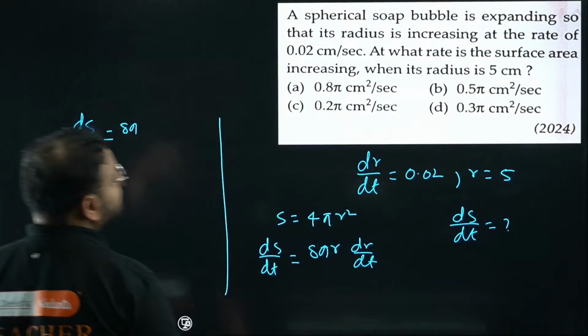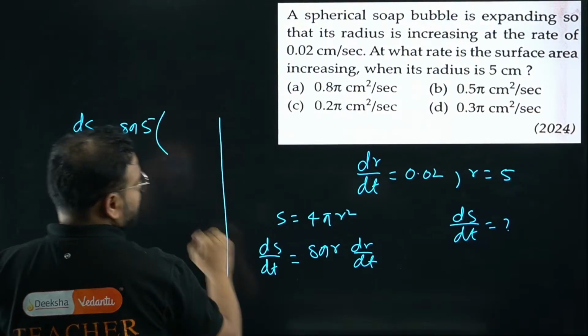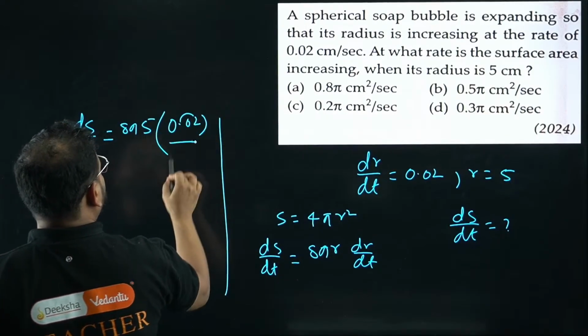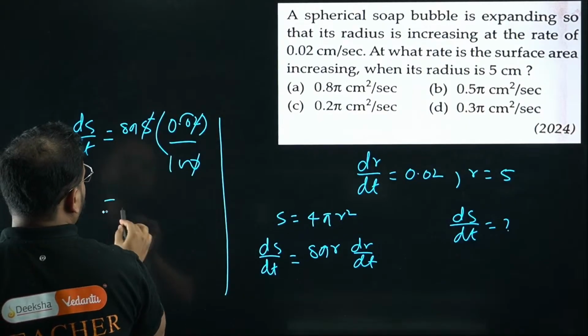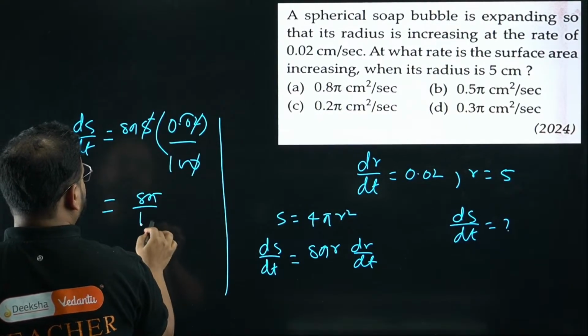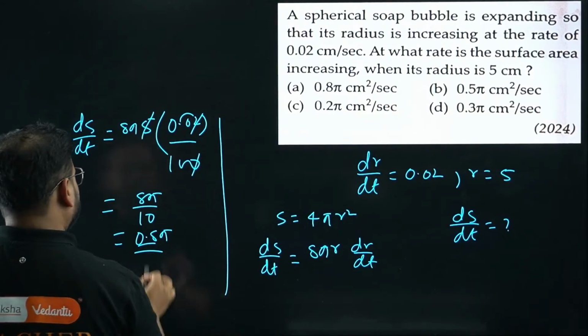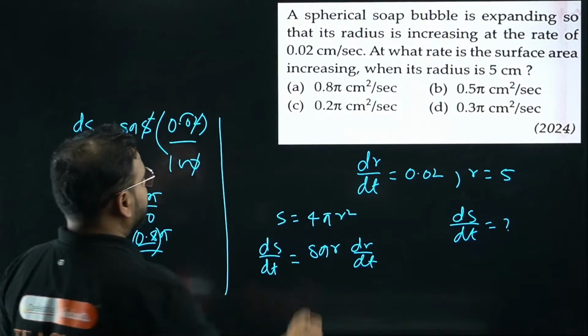What is the r value given as? 5. And what is the dr by dt value? 0.02. Here I have 100. 2 5 10, means the 10 is cancelled. I'm getting 8 pi by 10. It means 0.8 pi, right? 0.8 times pi. Option A is correct.